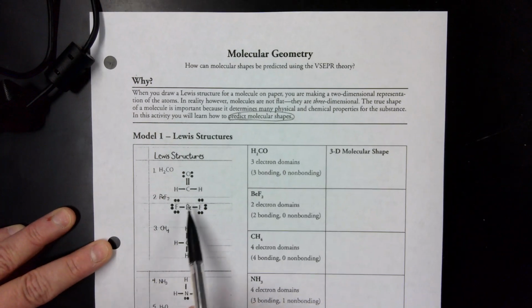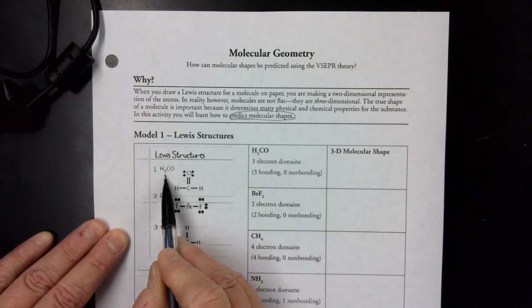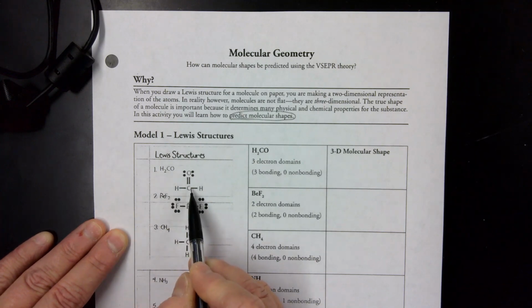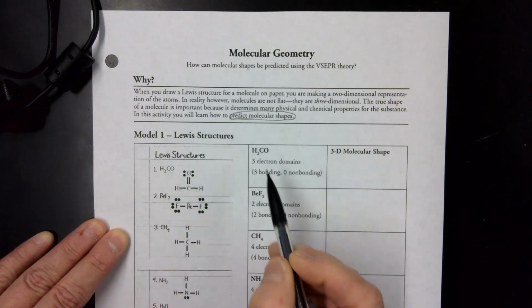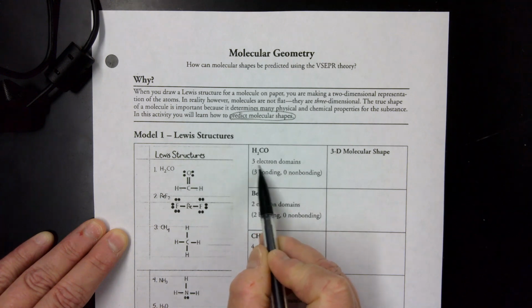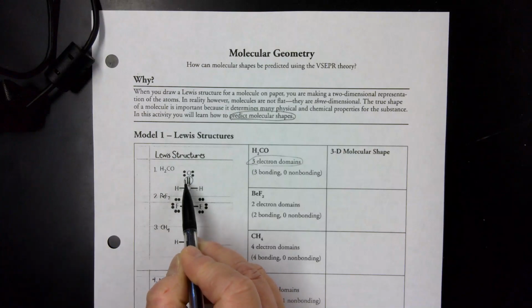So we have some Lewis structures here. We have this molecule, which is H2CO. We have a central atom of carbon, double bonded to an oxygen, and then some hydrogens on either side. What we are noticing is that there are three electron domains. What they are referring to is this is one domain between the central atom and one of the bonded atoms.